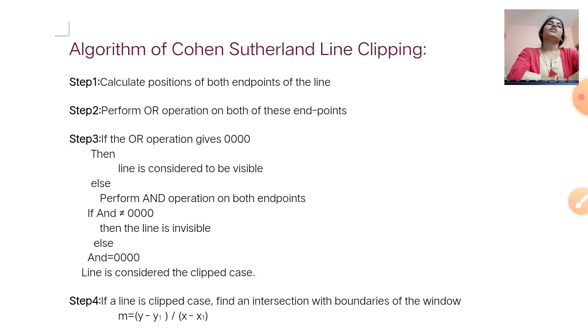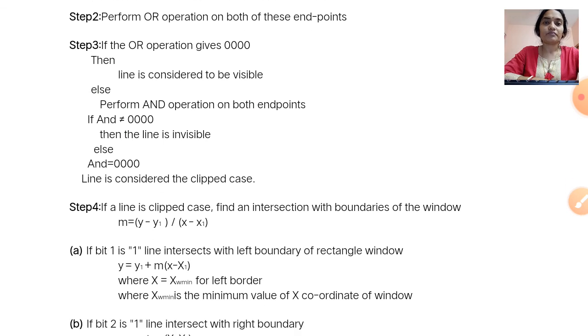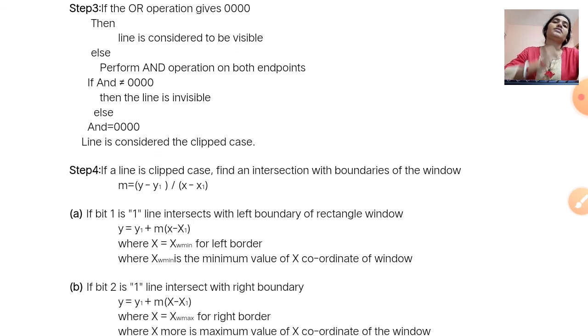That means the line has some parts inside the window and some parts outside the window, so we find the intersection point with the boundaries of the window. That is step 4. If a line is a clipped case, then find the intersection point with the boundaries of the window.